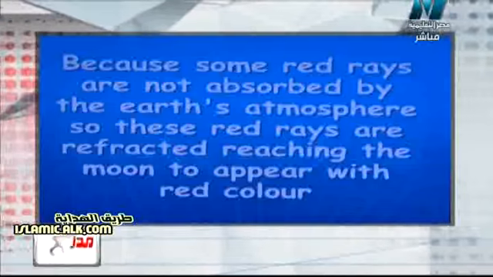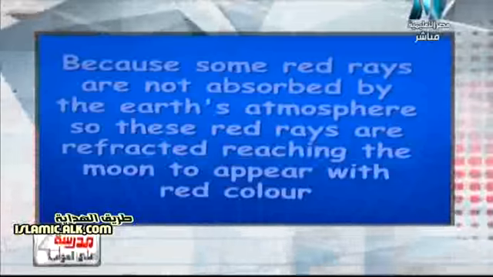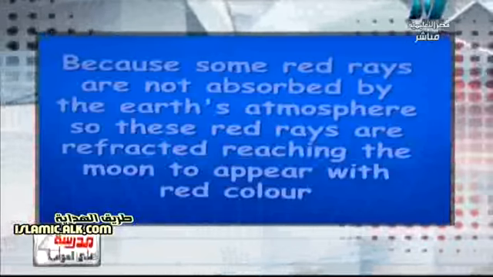This is a very important give reason question: because some red rays are not absorbed by the Earth's atmosphere, these rays are refracted reaching the moon to appear with red color.